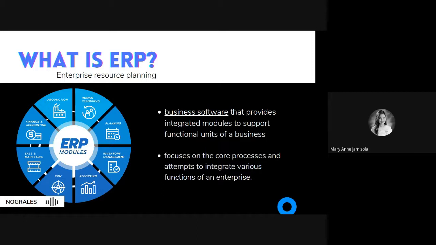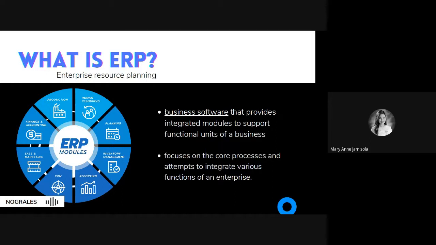From the viewpoint of the effective use of management resources to improve the efficiency of enterprise management. ERP provides integrated business software. So just like MRP1 and MRP2, ERP is also a business software. But it has modules to support functional units of an enterprise.